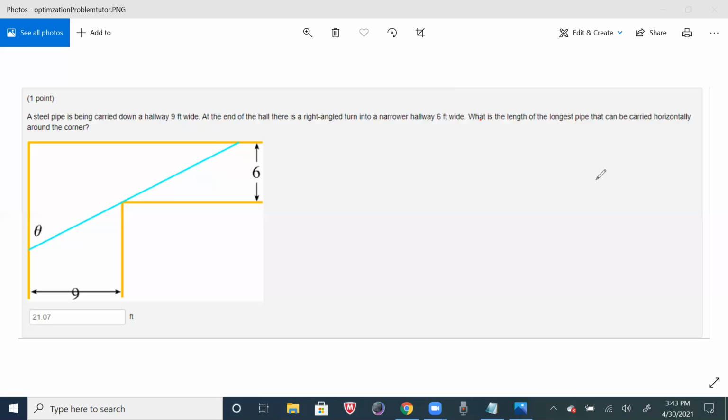That's the whole thing of optimizing. Now, the question is, what is the length of this line? They give you the length of the hallways relative to that corner, so it's got to be something with that.